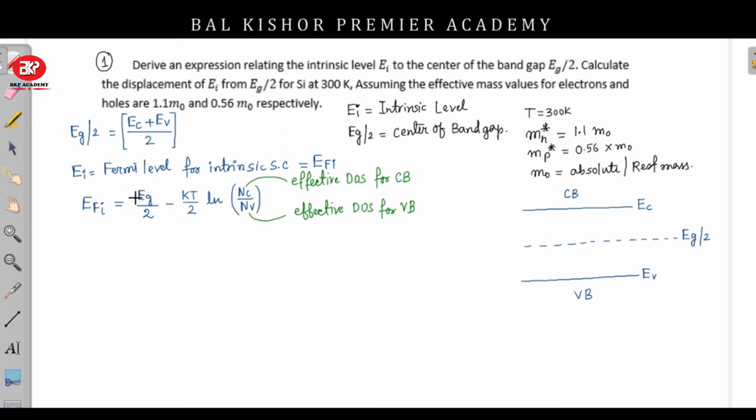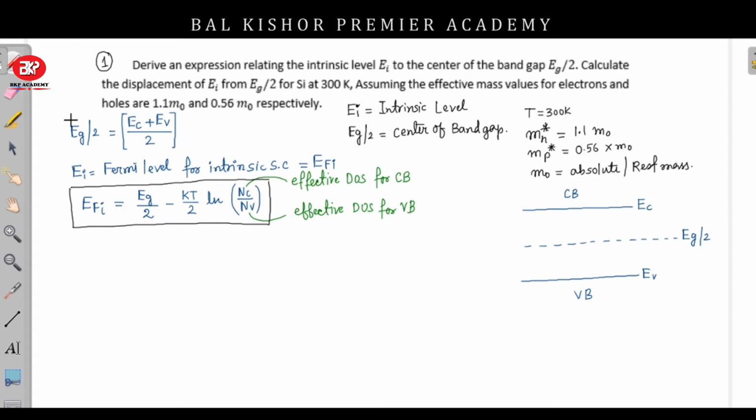EFI को हम लोग इस फॉर्मूले से कैलकुलेट कर सकते हैं. We know that EFI. So now we have to find an expression. So this is the expression relating the EFI and the middle of the band gap. Now we have to calculate the displacement of EI from Eg/2.